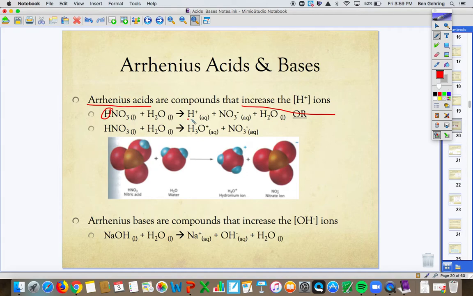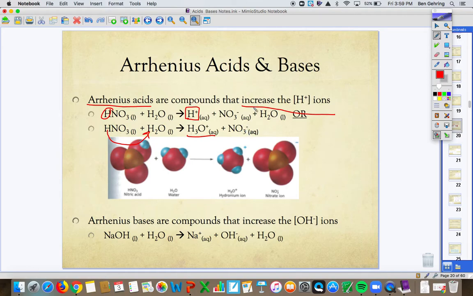So I increase the concentration of my hydrogen ion. So I have a hydrogen ion, I have nitrate, and I have water. Or if you think back to when we first did this, we had two waters that ionized. The ionization of water formed hydronium. So in this case, nitric acid is going to take this hydrogen and add it over to here, and you're going to get hydronium plus nitrate.